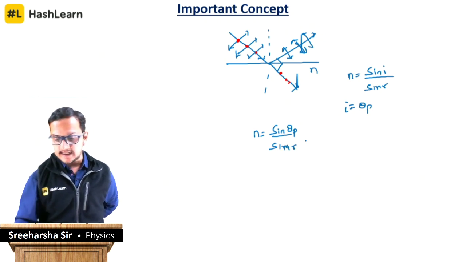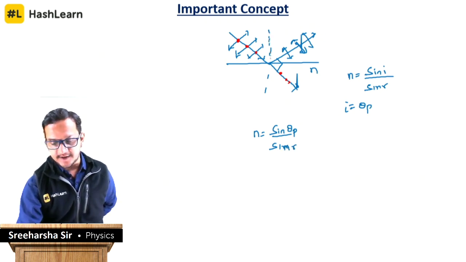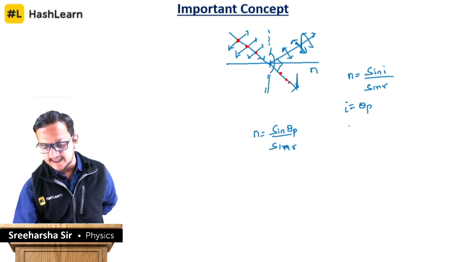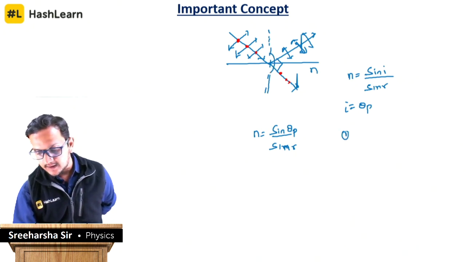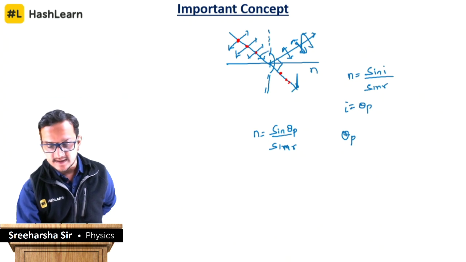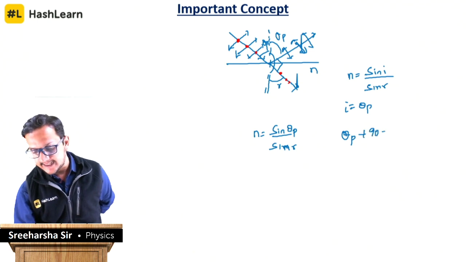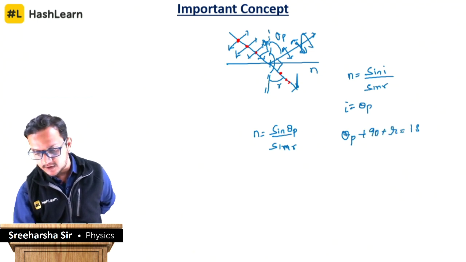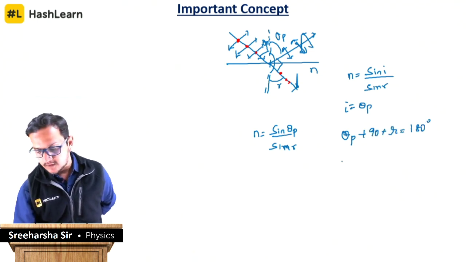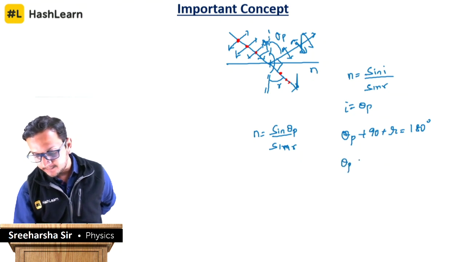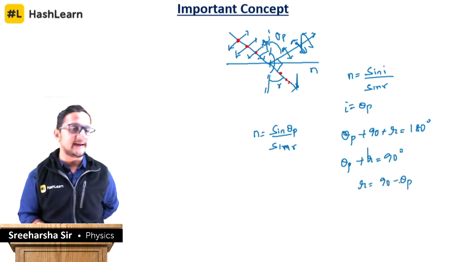Now we know that this is a straight line, so the complete angle is 180 degrees. So if this is theta p, even this will be theta p, and this is the angle of refraction r, plus 90 plus r is equal to 180 degrees. So from this you will have theta p plus r is equal to 90 degrees, or r is equal to 90 minus theta p.